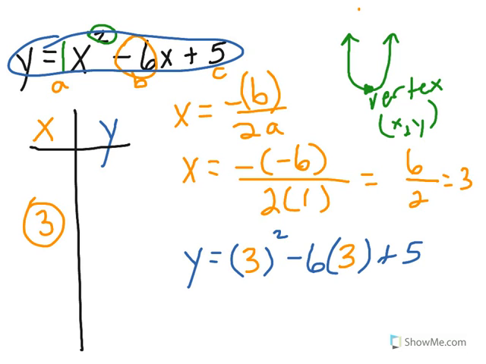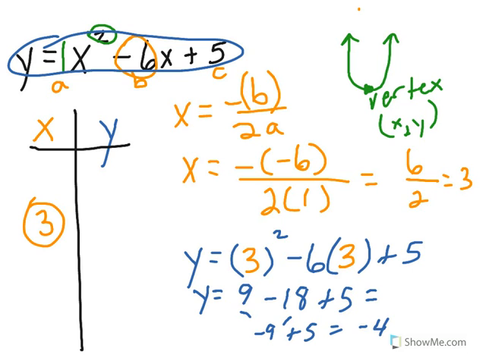Now I'm going to calculate what I've got. y equals 3 squared, which is 9, minus 6 times 3, which happens to be 18, plus 5. And if I add all those up left to right, 9 minus 18 is negative 9, plus 5 gives me negative 4.